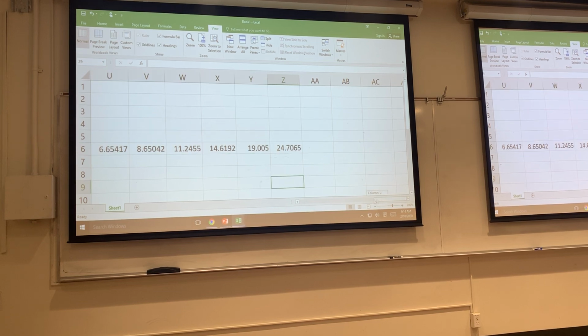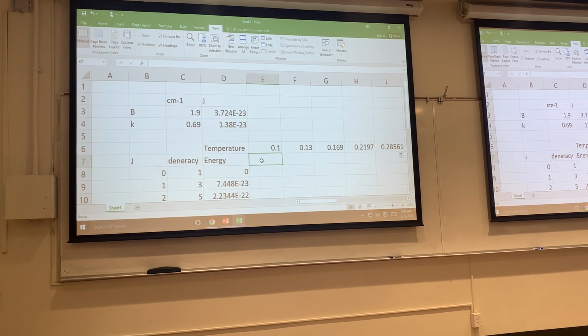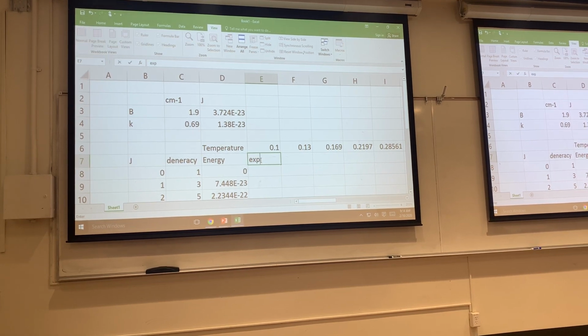Okay, so I'm going to 24 Kelvin. Then as the next one, I can say, okay, what is exp of minus E over kT? Then that is exp of minus E over the Boltzmann constant, which is defined as a constant, times T.